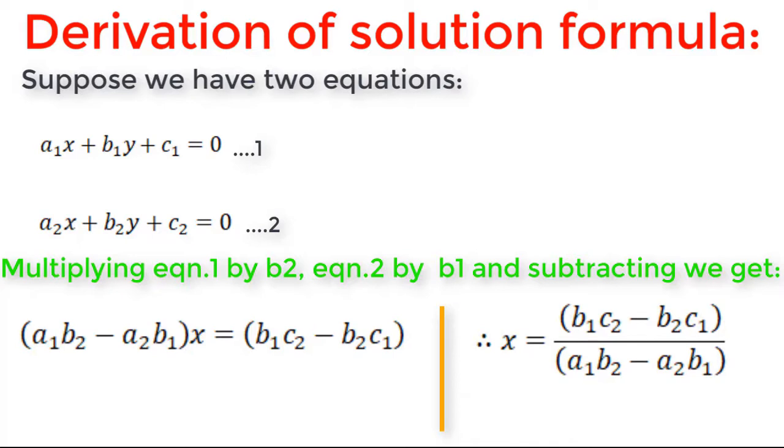Now for eliminating y from the given equations, we multiply equation 1 by b2 and equation 2 by b1, and on subtracting both the equations we get a1b2 minus a2b1 into x equal to b1c2 minus b2c1, and therefore x equal to b1c2 minus b2c1 by a1b2 minus a2b1. All the a, b, c terms are constants.